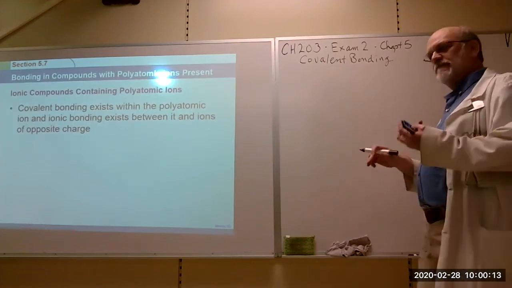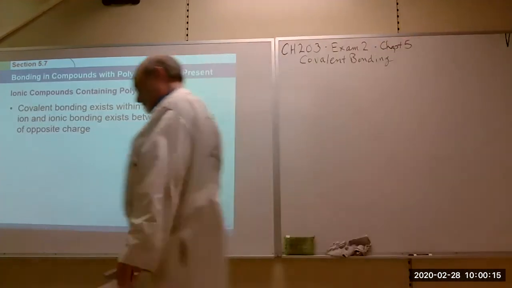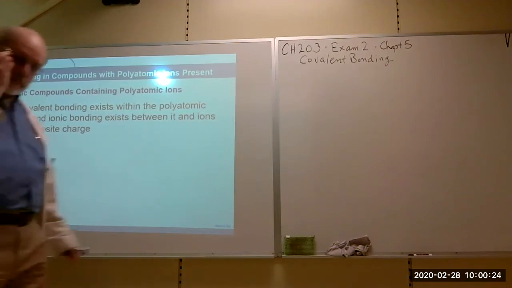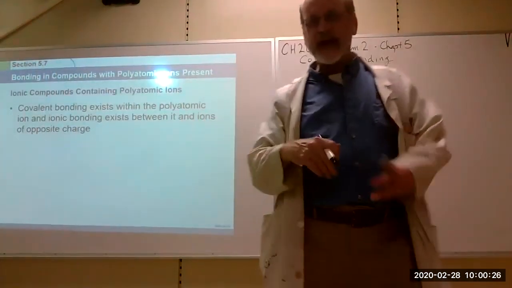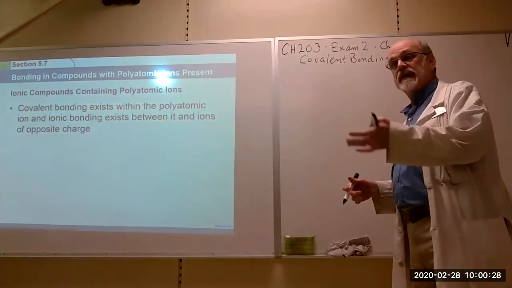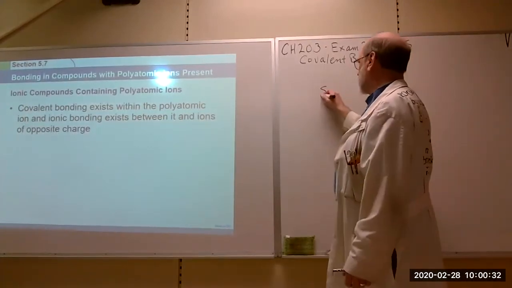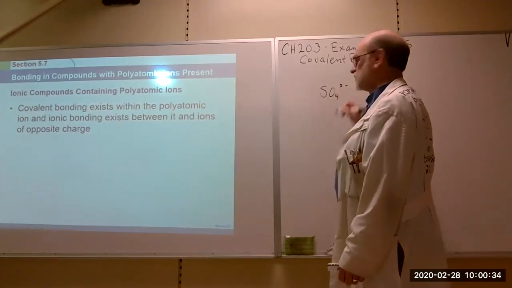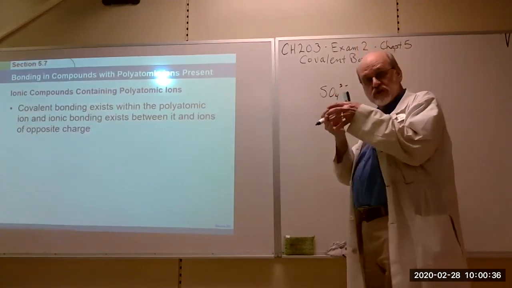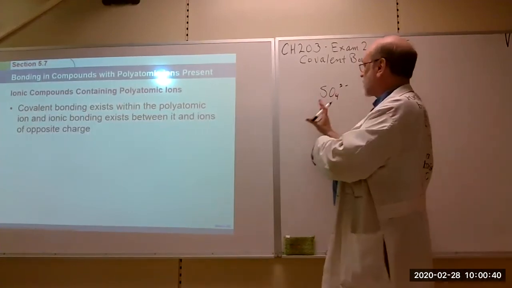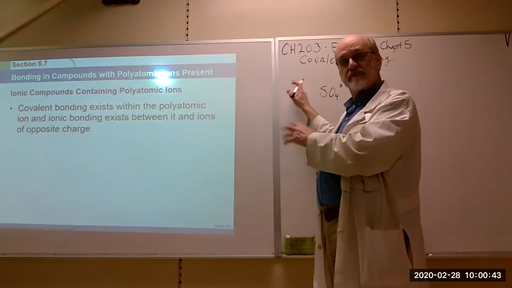Now, here's kind of a hybrid situation. When we have ionic compounds that we mentioned last week that are formed between cations and anions, and one of them might be polyatomic. Remember the polyatomics, like sulfate. They behave as a single unit. So this will be an ion bound to some other cation. Could be a metal ion.